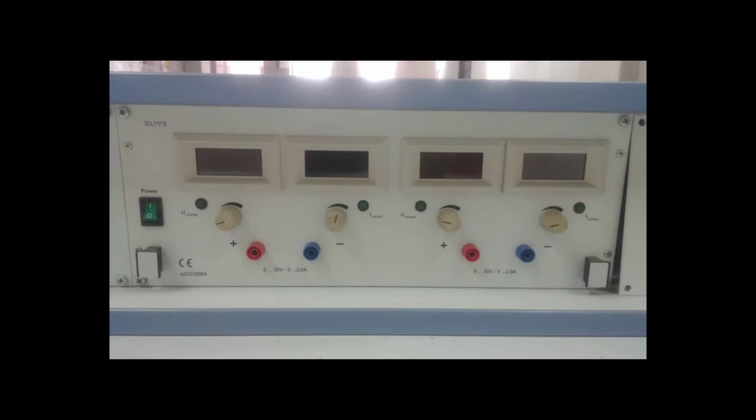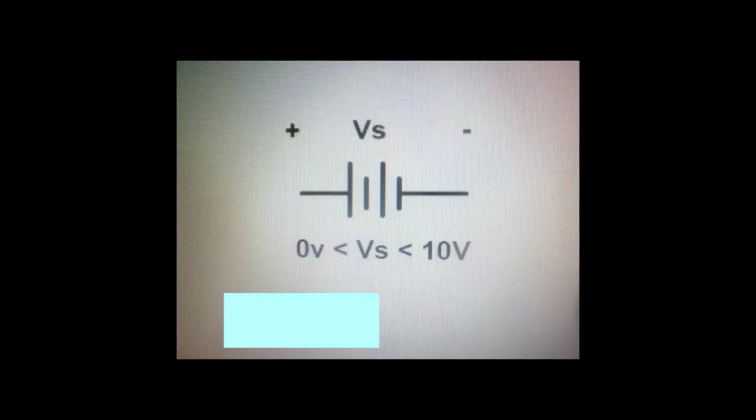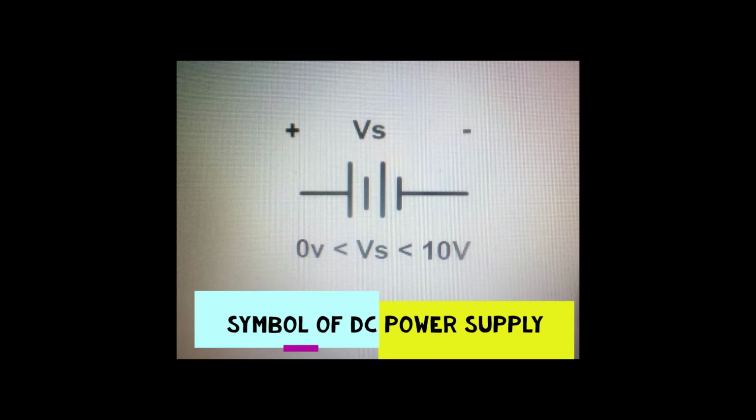This power supply provides two separate DC voltage outputs. Let's name these two separated DC voltages as channel 1 on the right of the panel and channel 2 is on the left of the panel. Each of the channels delivers 0 to 10 volt and 0 to negative 10 volt output.